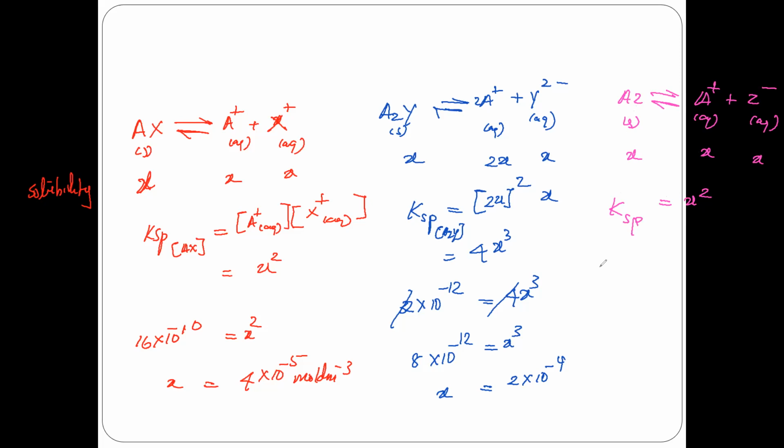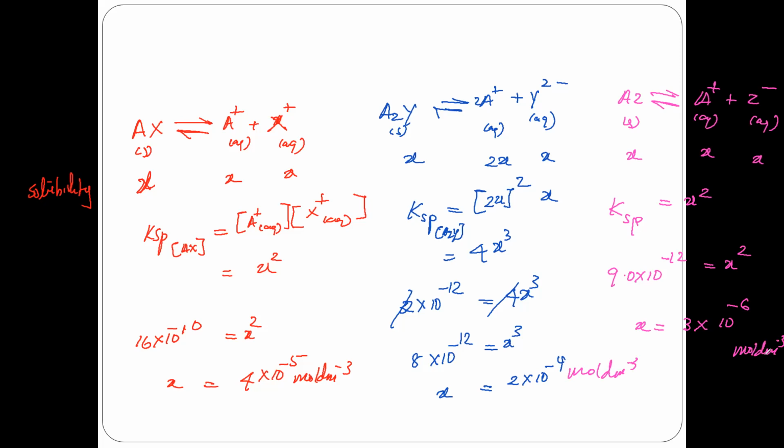The value is given as 9.0 into 10 to the power of minus 12, which equals x squared. So x is equal to 3 into 10 to the power of minus 6 mole decimeter minus 3.